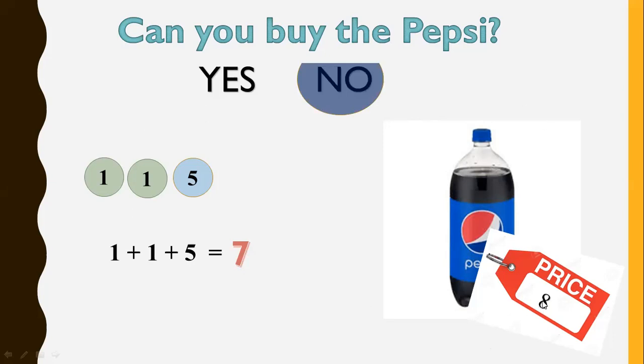It is for 8 reals, and in our pocket we have only 7 reals. So the shopkeeper is not going to give us the bottle of Pepsi for 7 reals. He will say it is 8 reals. Go and bring one more real if you want to buy the bottle of Pepsi.